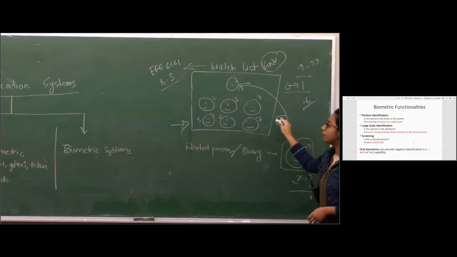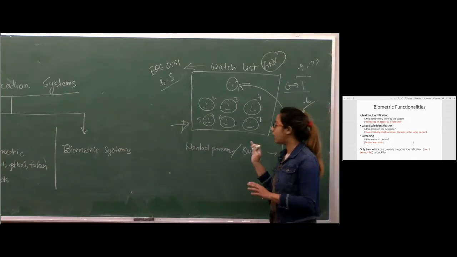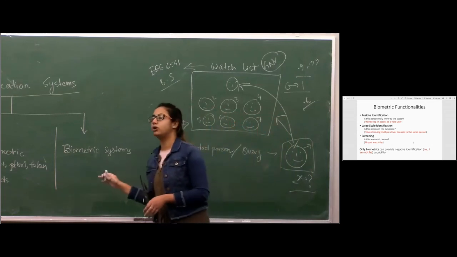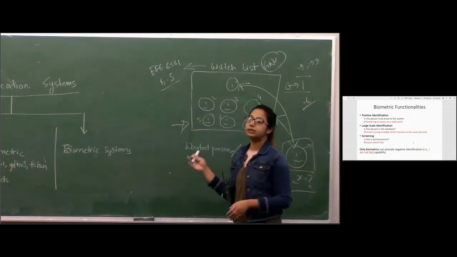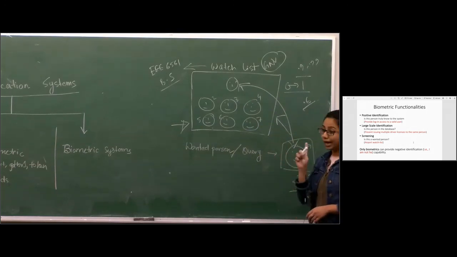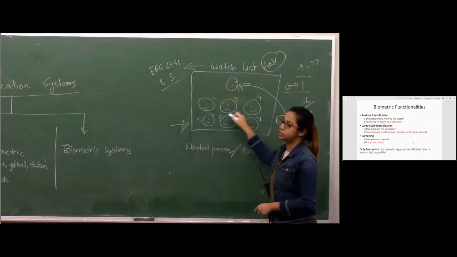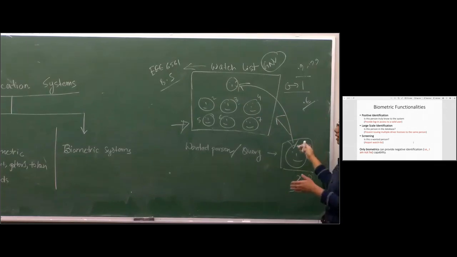This property you can only get with a biometric system. Any non-biometric or traditional system cannot do that. They will just tell you that you are not in that system. But a biometric system gives you the additional information that you are not even in the system, plus you are not any of these people. Then the system can exclude you from further consideration.